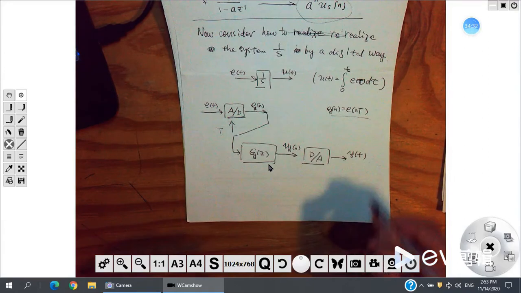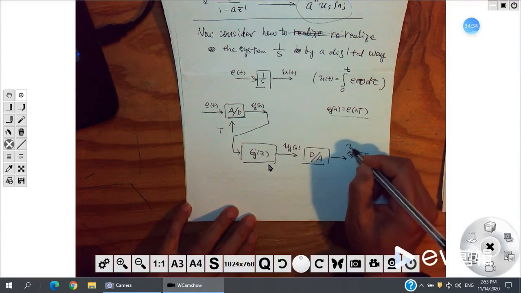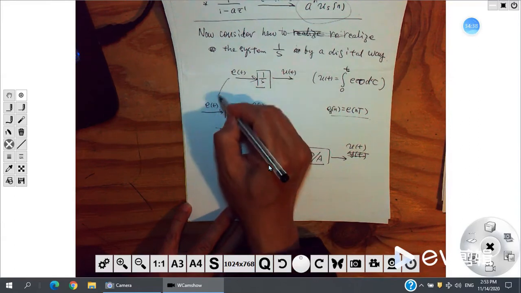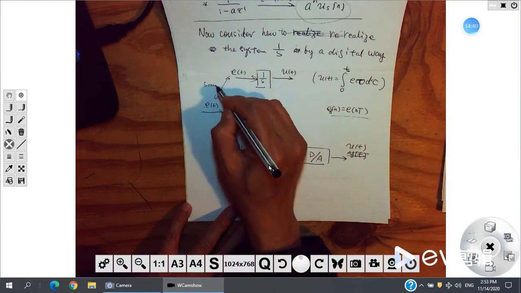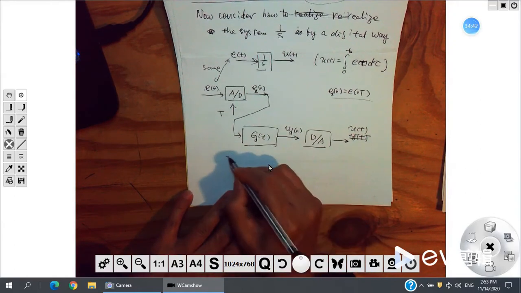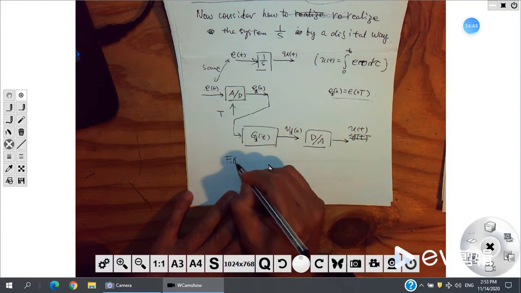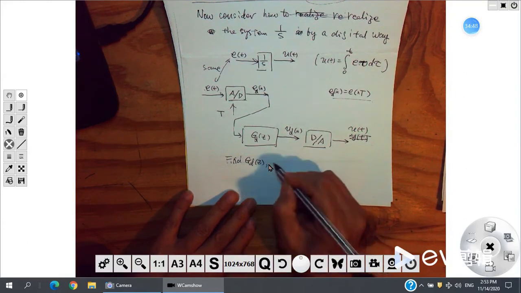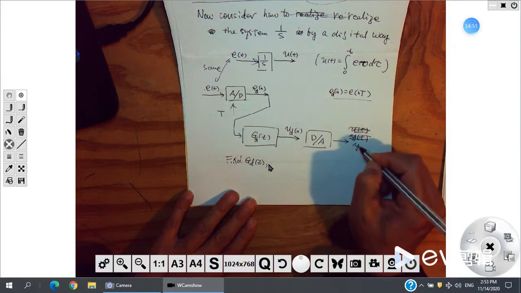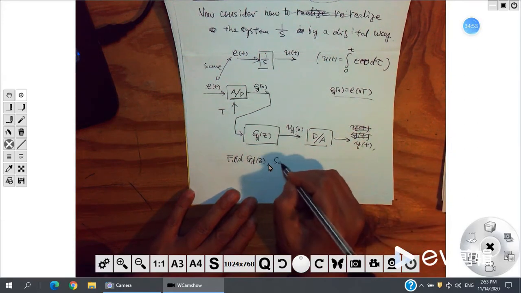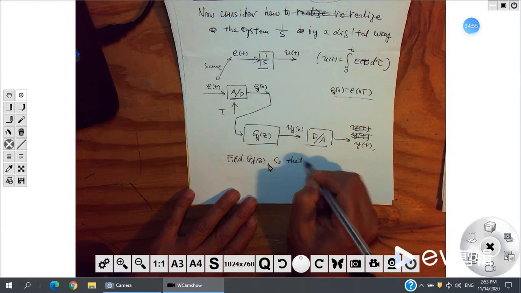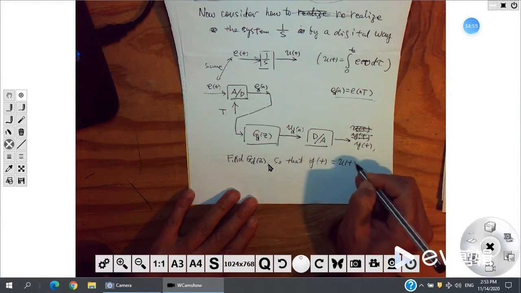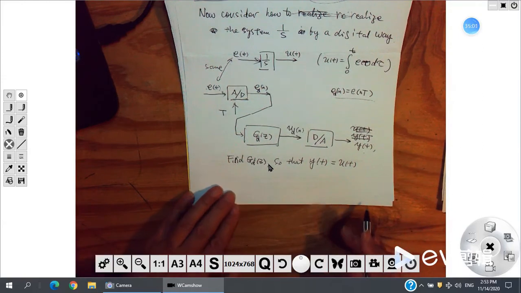Now Y of t is U of t. For the same E, we want to find GD of Z. I still use Y, so that Y is just U. So this is a digital one, right?